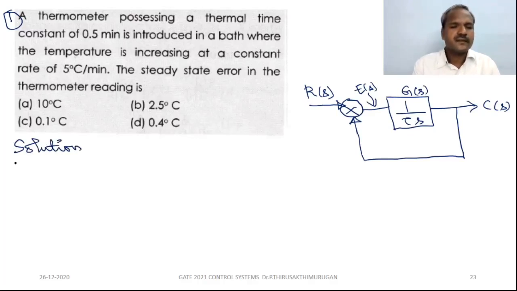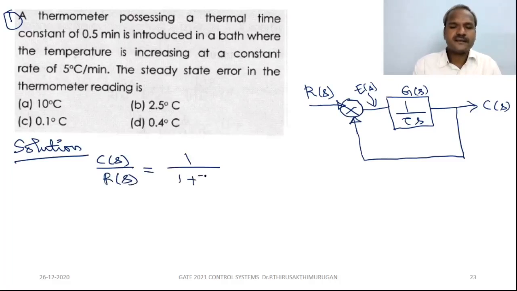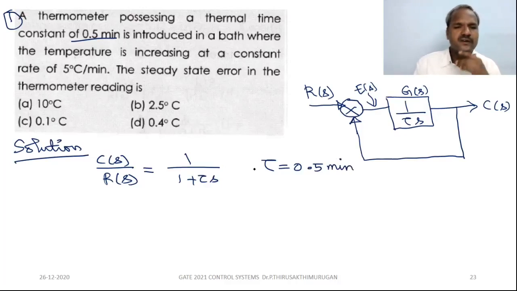Solution: C of S by R of S equals 1 by 1 plus tau s, where the time constant tau equals 0.5 minute. First, we observe the unit. If it is given in minutes, we follow the same in terms of minutes.